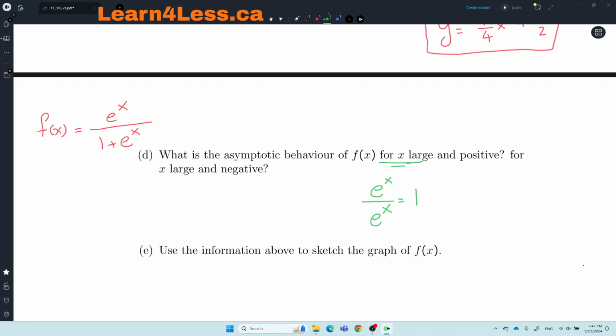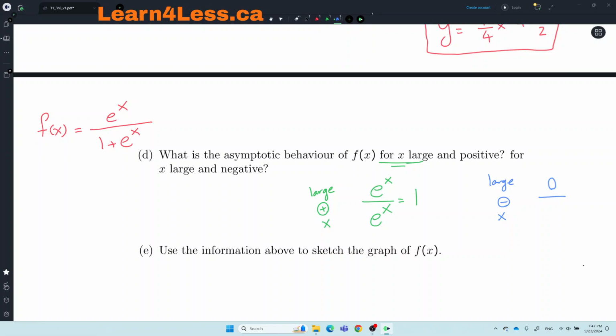The asymptotic behavior of this function for large x is just 1, just flat 1. How about for large x numbers, but negative? Let me write it for large positive x, and I'll write it in blue for large negative x. On top, what do we have? e to the very, very negative number, which is almost 0, basically.